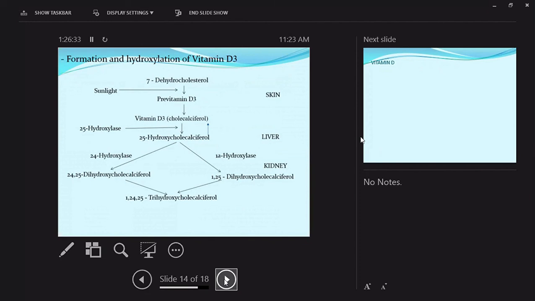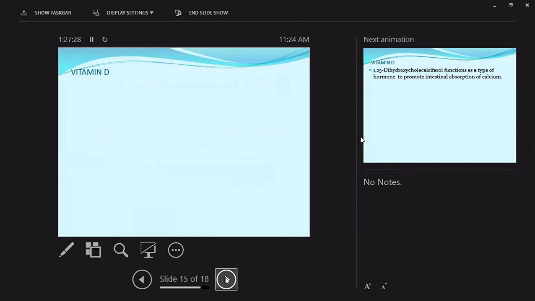But when 25-hydroxycholecalciferol is acted upon by 1-alpha-hydroxylase, this is converted to 1,25-dihydroxycholecalciferol and to 1,24,25-trihydroxycholecalciferol in the kidney. That is your D3, 1,25.